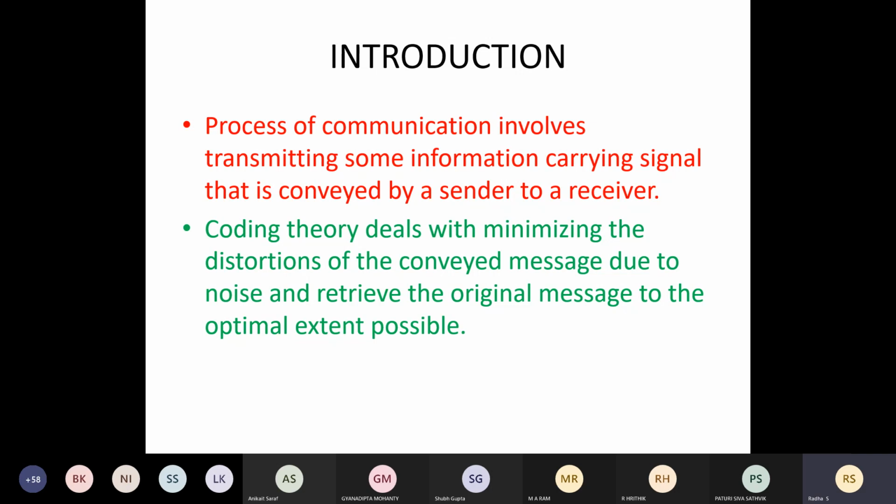Maybe the problems may be due to noise or something like that. Any problem may be there. In between, something may be happening, and that may be changing the actual message sent, right? So to retrieve the original message, what you have to do? You can add some extra parity check entries at the end, and you can send it like that. You can have many things. So these are all the basics for the coding theory. Maybe tomorrow I'll start.